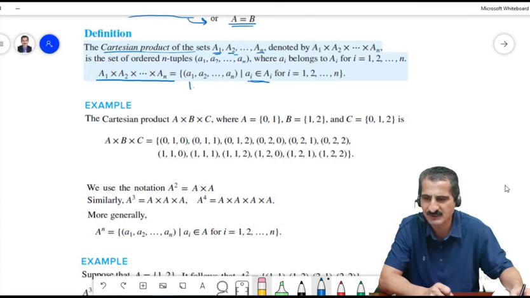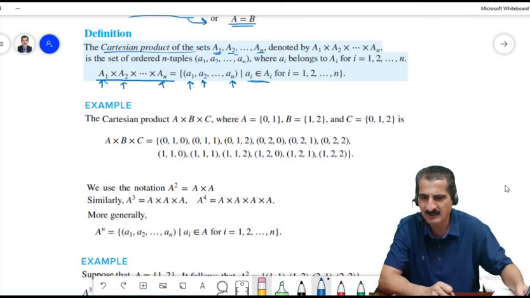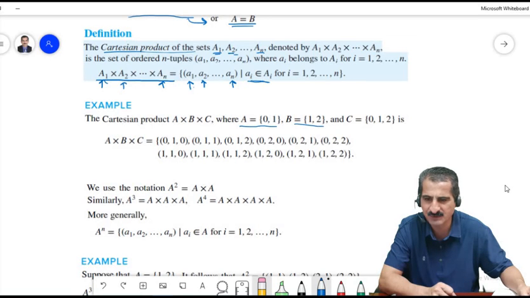So the first coordinate is from the set that comes first, and in the second coordinate the elements are from the set in the second place, and so on. An example of that: if A is {0, 1}, B is {1, 2}, and C is {0, 1, 2}, then A cross B cross C is that.